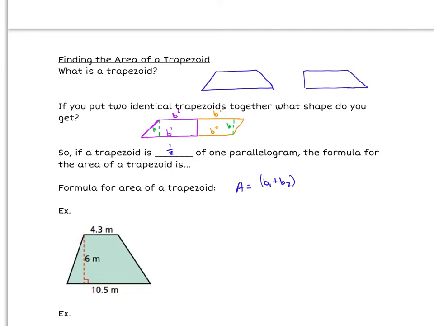I'll put that in parentheses because you've got to do that first, times the height, because a parallelogram is the base times the height, and since it's 1/2, we multiply by 1/2. Or you could say area is base 1 plus base 2 times height divided by 2. So multiplying by 1/2 and dividing by 2 are the same thing. The formula you'll see in your book is the multiply by 1/2.